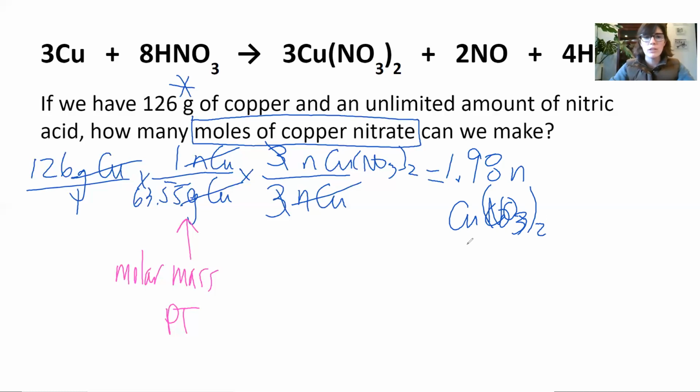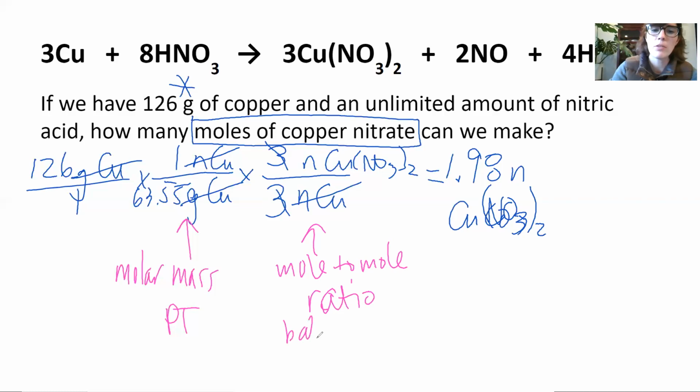All right, again, when you guys have questions, just let me know. All right, so I want to highlight the steps that we have taken here. So our first step was molar mass. Our second step is called the mole to mole ratio. And that is from our balanced chemical equation. Write this down in your notes.